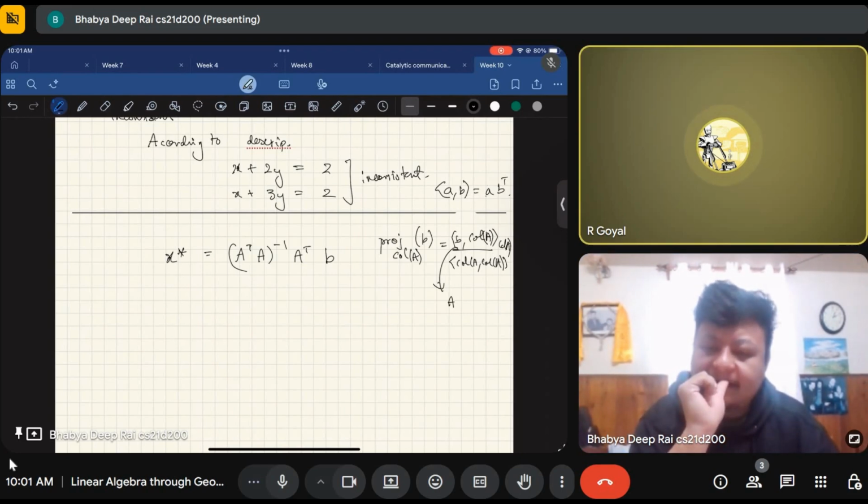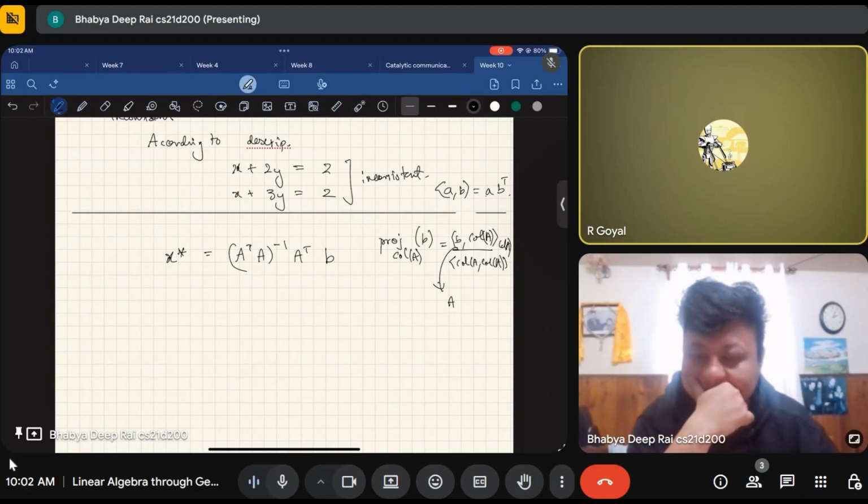So if we are looking for Ax equals b, then we multiply both sides by A transpose. Then the left hand side is A transpose Ax equals A transpose b, and to get the value of x I multiply both sides by the inverse of A transpose A. So x comes out to be A transpose A inverse, and that is the equation which you wrote here.